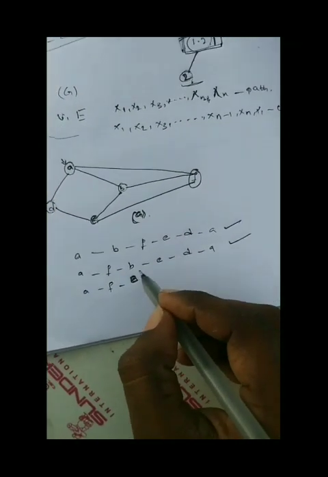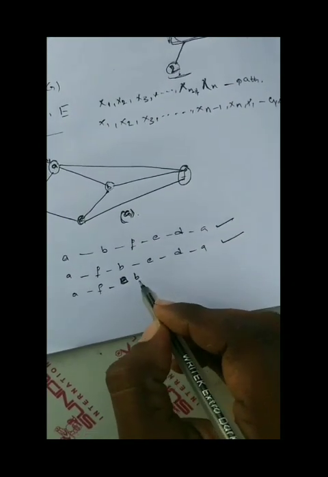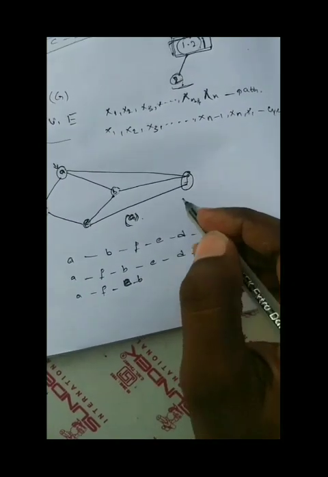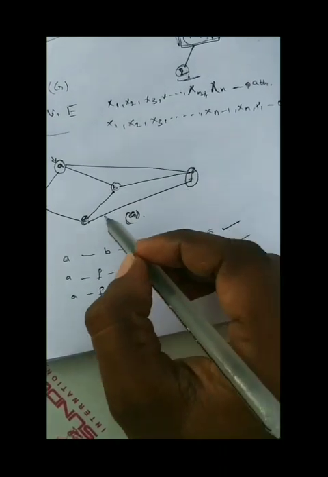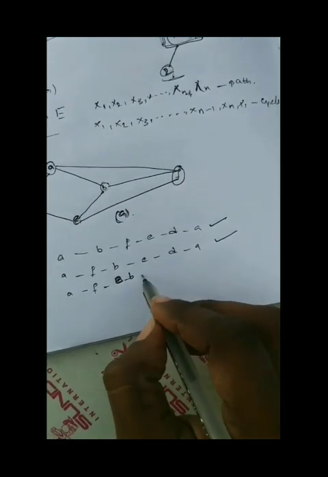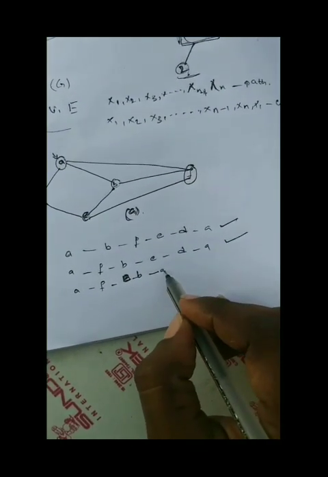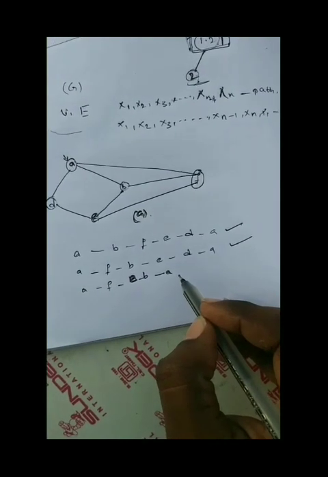Next, from E, if we travel to B, so A to F, F to E, E to B, and from B we can travel to A. It is forming a cycle, but it is not a Hamiltonian cycle.